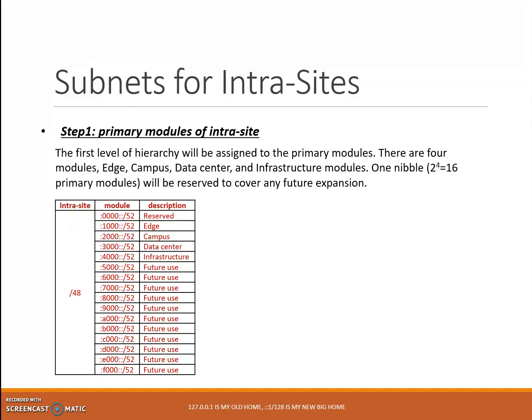So the first one, which is 0, will be reserved for future or special use, and 1 will be for the edge network or edge module. 2 will be assigned to campus, 3 to data center, and 4 to infrastructure modules, and 5, 6, 7 all the way to F will be for future use.